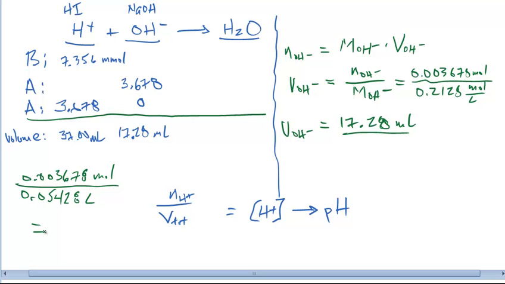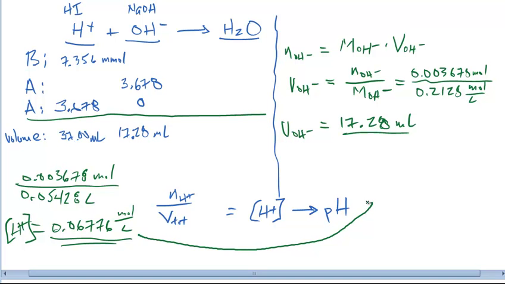When you do that calculation, you should get 0.06776 moles per liter. Now this is very important. This is our H plus concentration, and now all we've got to do is take the negative log of this. When you do that, I get 1.169. That's what I get for pH.